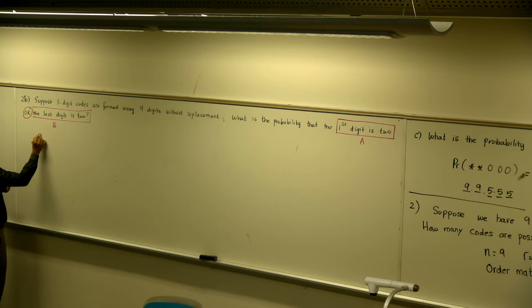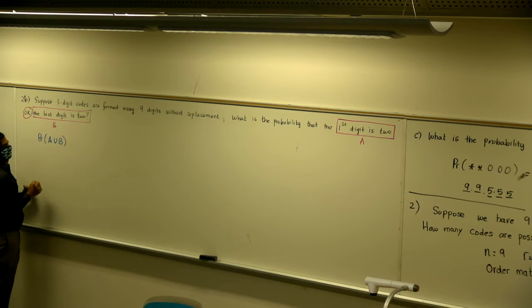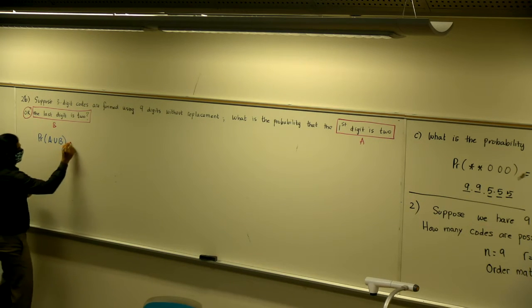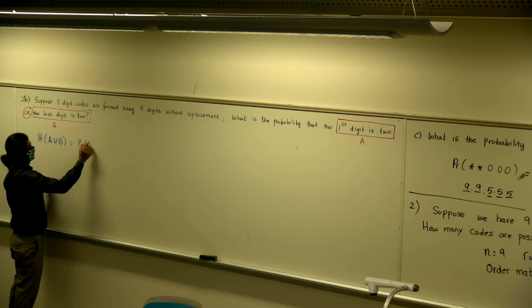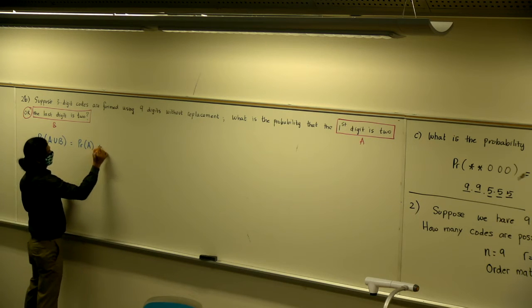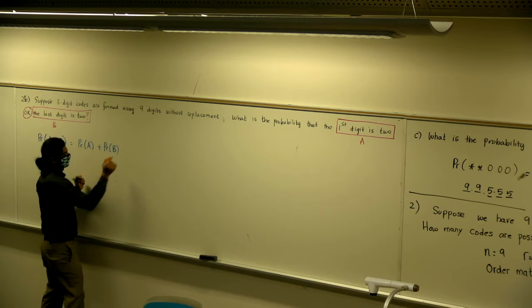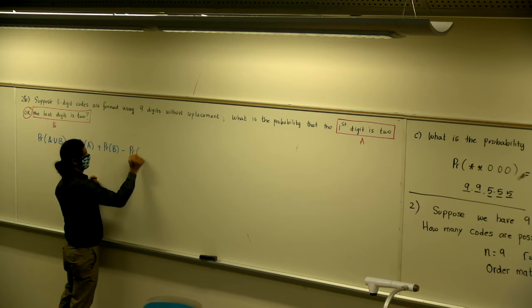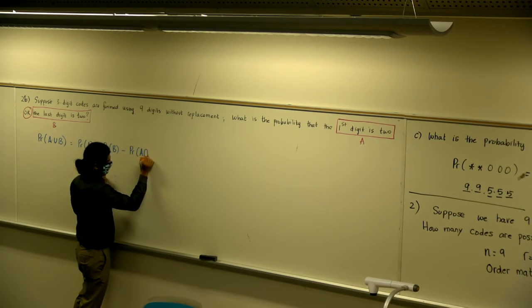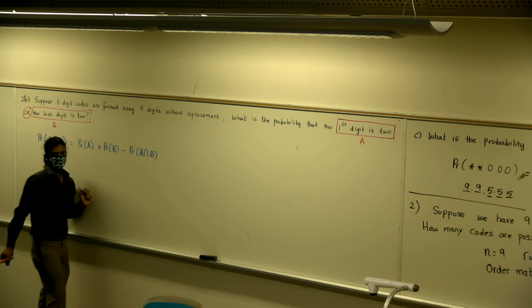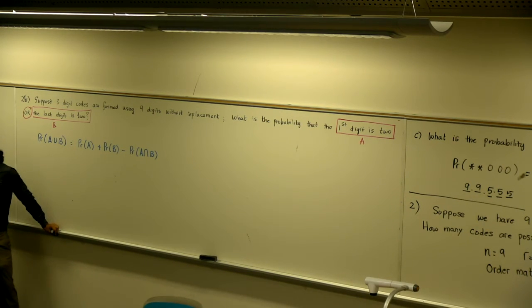Probability of A or B, or A union B, addition rule: probability of A plus the probability of B minus the probability of A and B. Right?